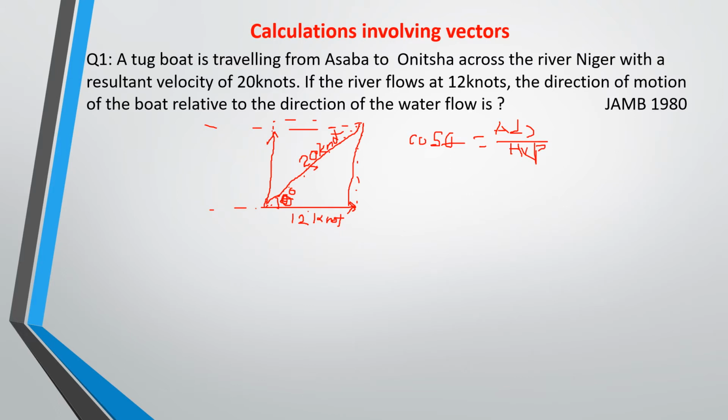That gives you 12 over 20. If you divide that out, you have 0.6. So theta will be equal to the inverse of cosine 0.6, and that gives you 53.13 degrees.